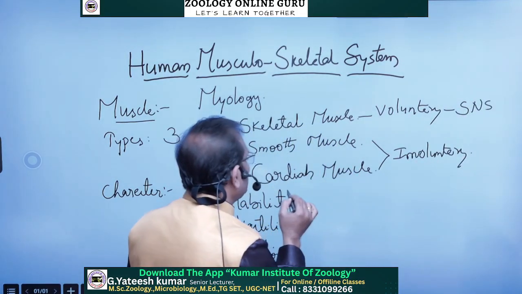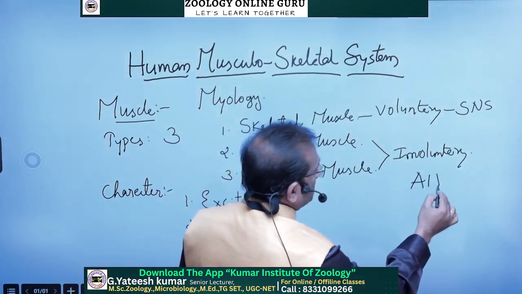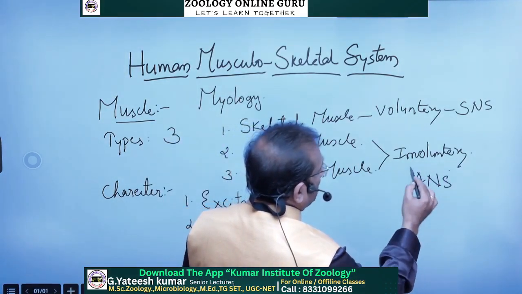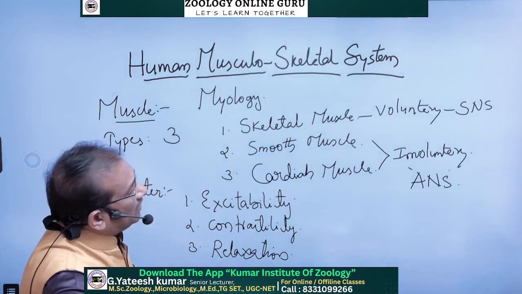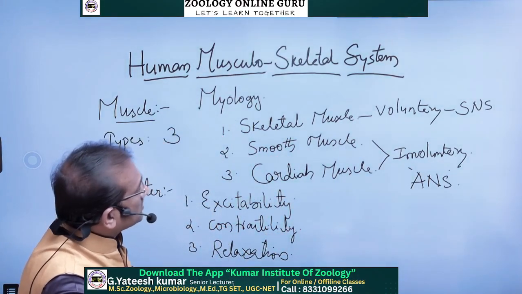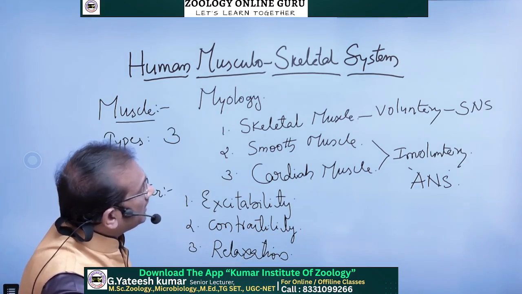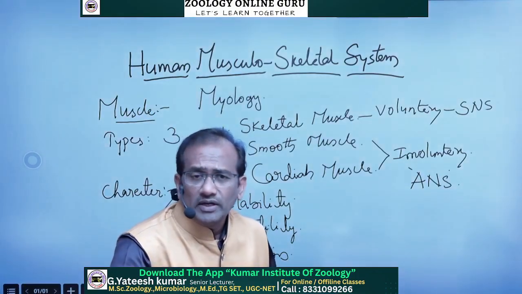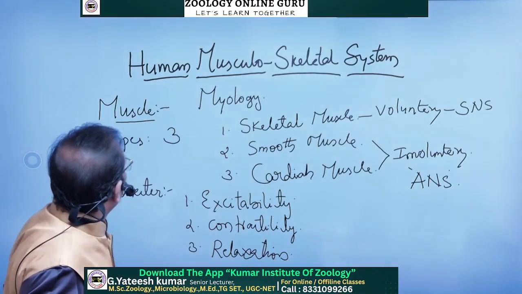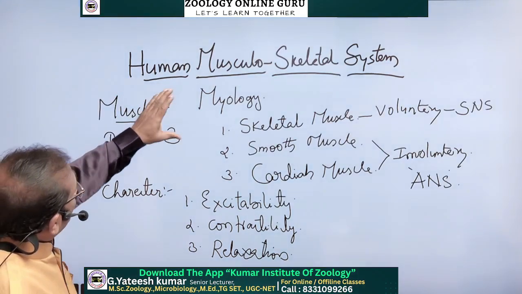Smooth muscles and cardiac muscles are involuntary in nature, and they are under the control of the autonomic nervous system.